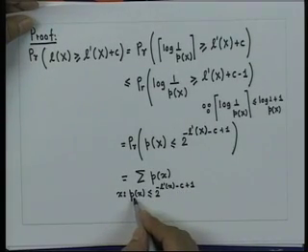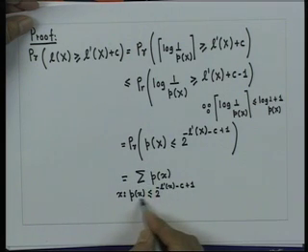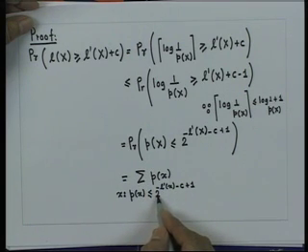Now, I am summing this up for all p x less than this quantity.